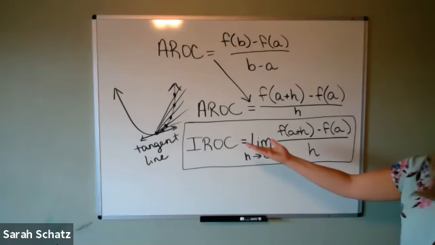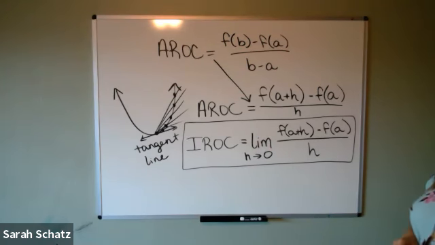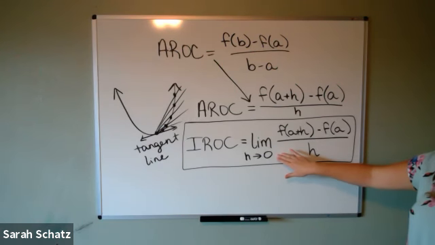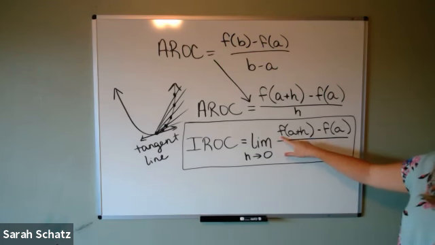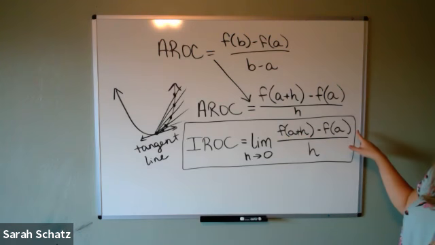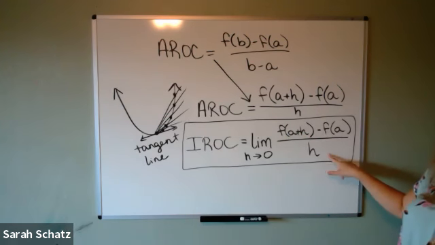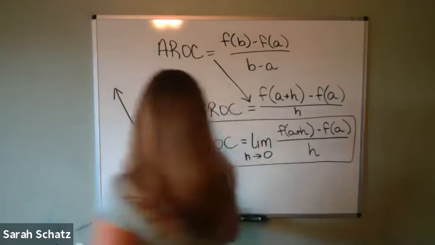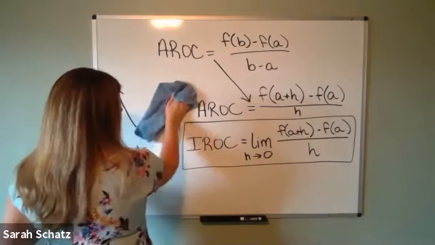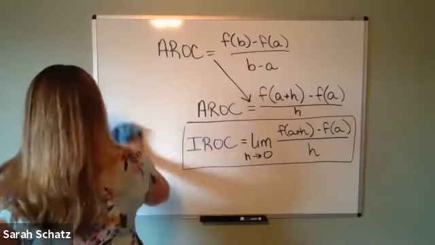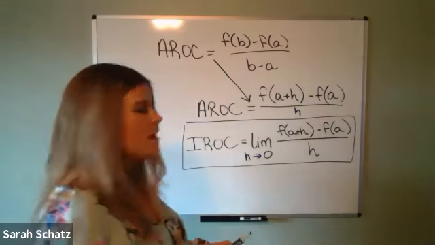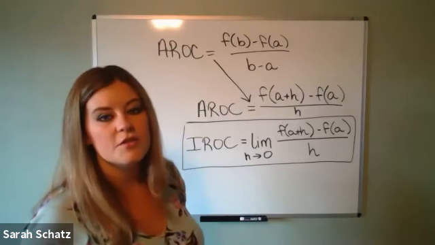And at least now when we use it, you know what we're looking for. So everybody has that down, limit as h approaches 0 of f of a plus h minus f of a over h. In its formula, it looks more difficult to use than it is. I say that depending on the function you're working with.